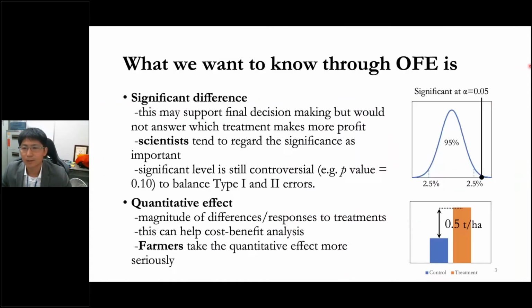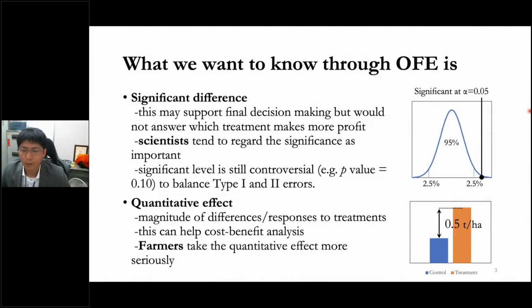As I mentioned in previous slides, the objective of OFEs should be clear before running experiments. And now let me get this straight. As a result of the OFEs, the statistical analysis will provide two pieces of information. The one is whether our treatment is statistically significant or not.